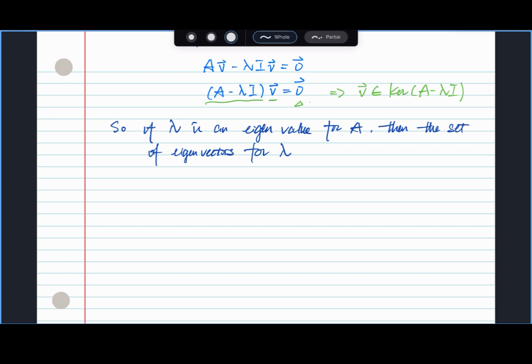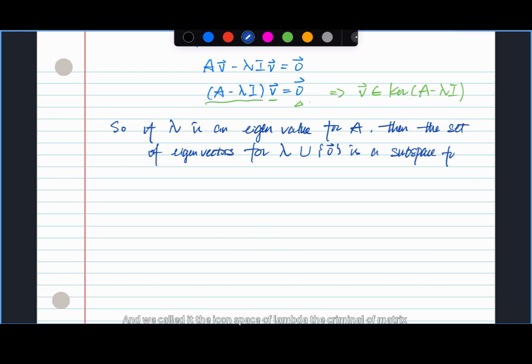The set of eigenvectors for lambda, union the zero vector, because we said the eigenvector cannot be the zero vector, is a subspace of Rn. And we call it the eigenspace of lambda.